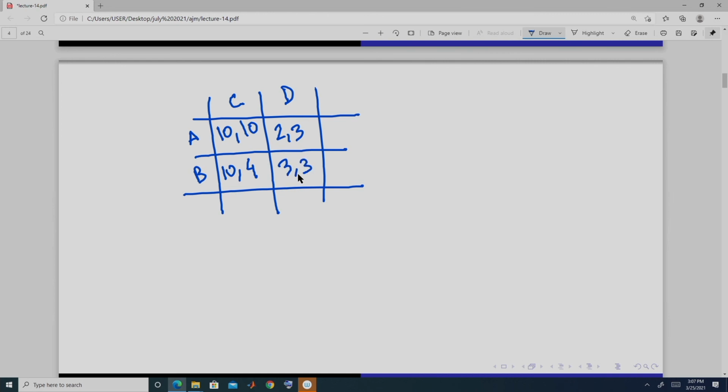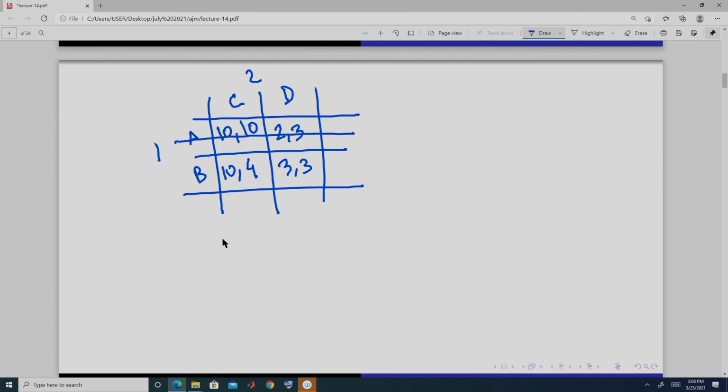Okay. Now, here, this is player 2 and player 1. So, for player 1, strategy B weakly dominates A, or A is weakly dominated by B. So, we can remove this.